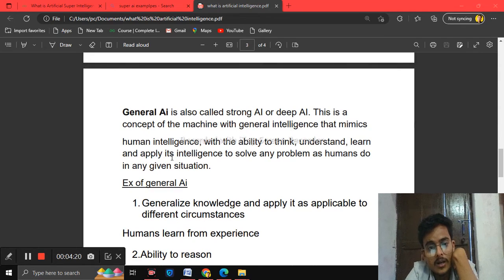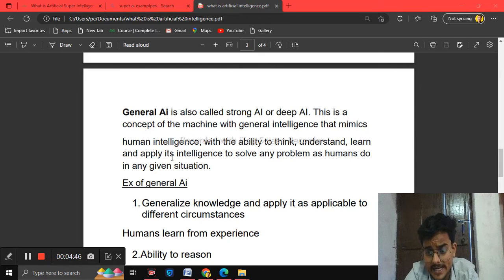Okay guys, so what is general AI? It is also called strong AI or deep AI. This is a concept of a machine with general intelligence that mimics human intelligence, with the ability to think, understand, learn, and apply its intelligence to solve any problems as humans do in any given situation.